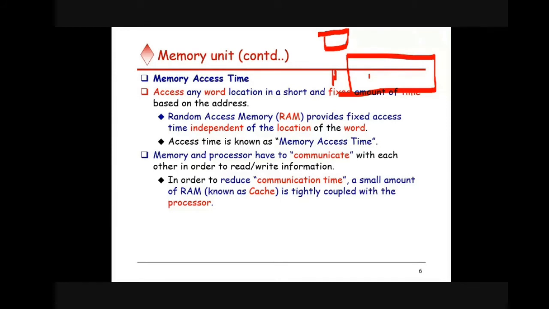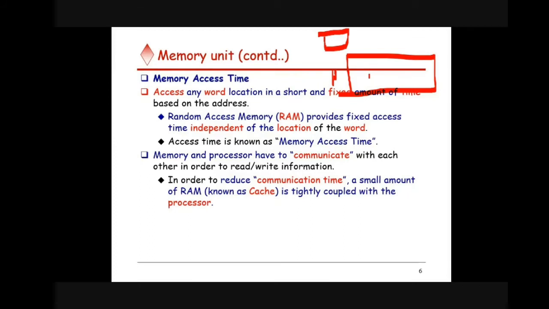Cache memory we will study in detail later. Most cache memory is also present inside your processor. That cache memory or the registers are very near to your processor or ALU.